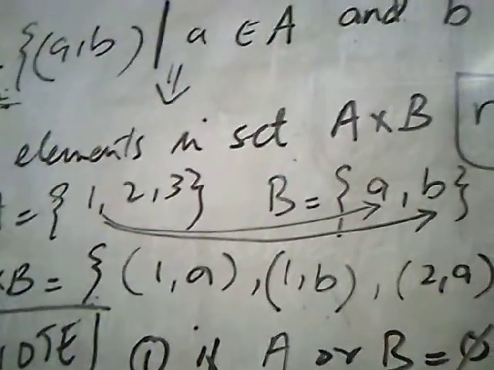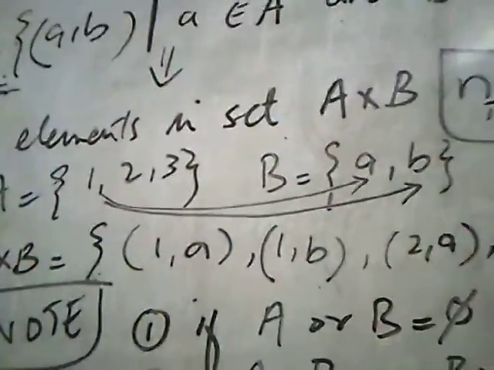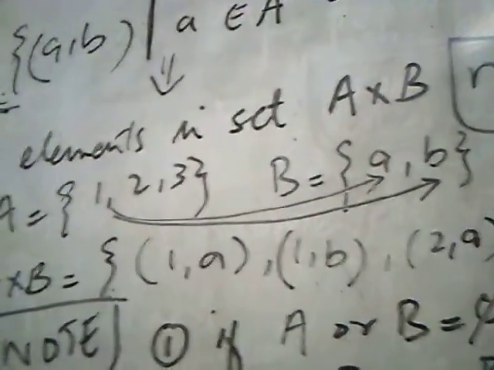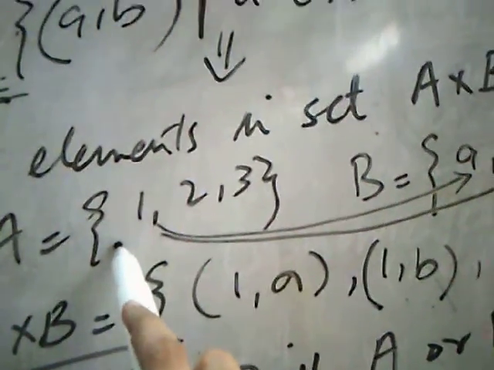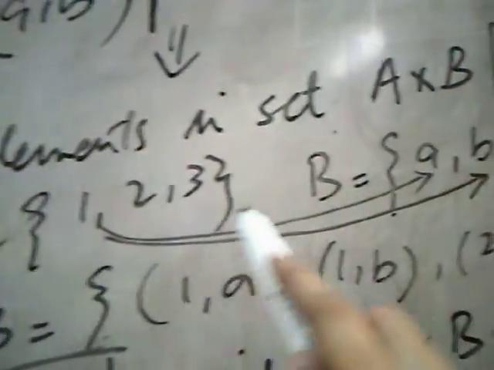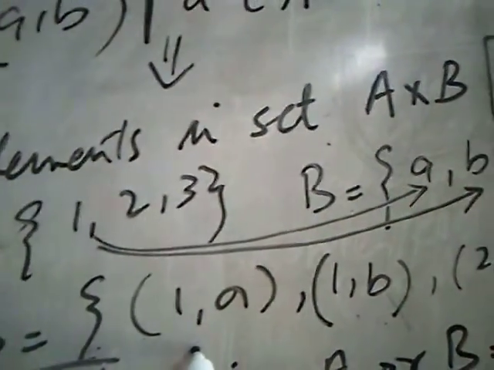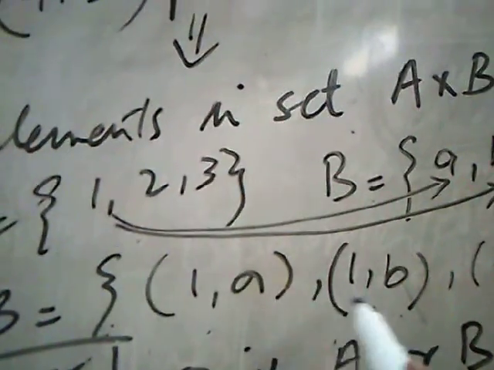Now we are going to form their ordered pairs in a sequence-wise manner. For example, first take the first element of set A and start pairing with the elements of set B: 1a and 1b. 2 ordered pairs are done.